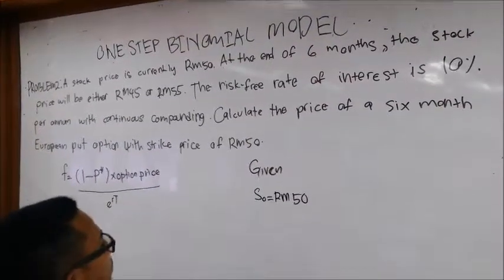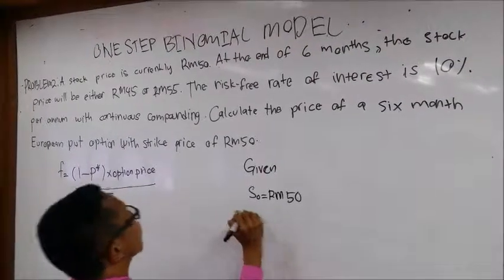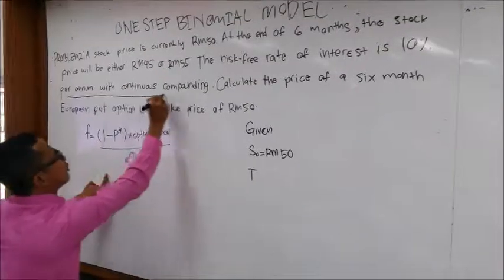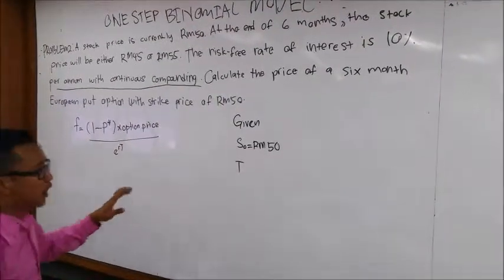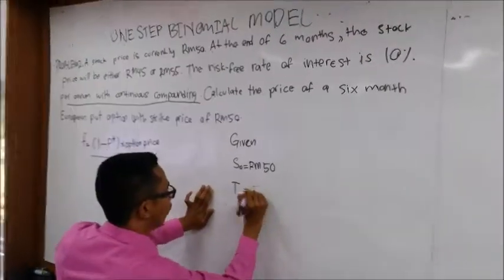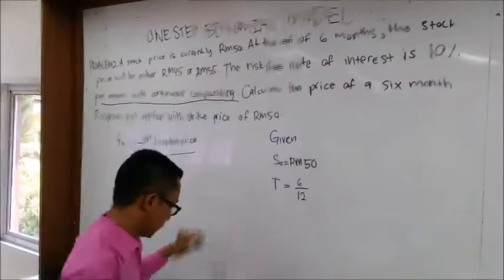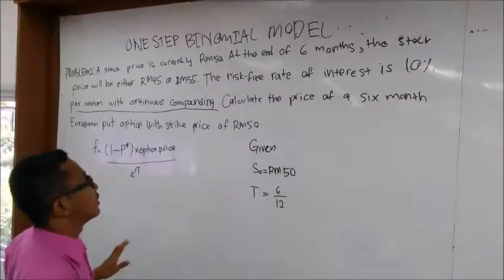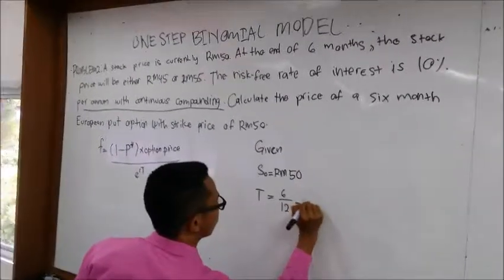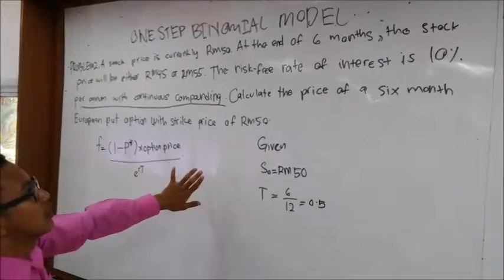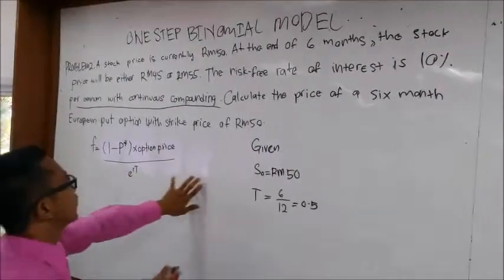At the end of 6 months, that means T, and the rate is per annum with continuous compounding, so we divide 6 months by 12 months per year and get 0.5.